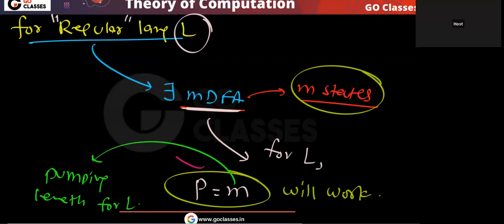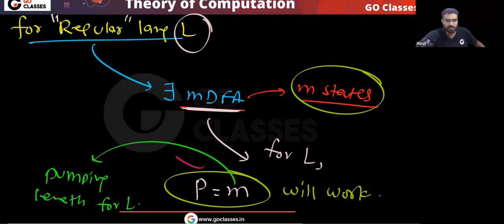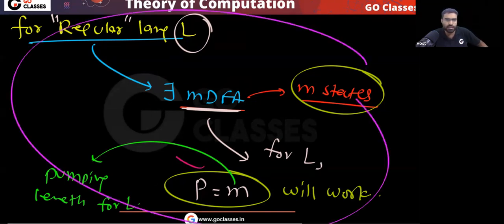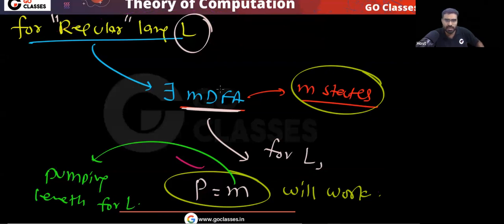Yes or no? This point we have already seen in the last class in the proof. If you have any regular language L, then there exists a minimal DFA, and the number of states in it is M. Then for this language, this M is a pumping length.